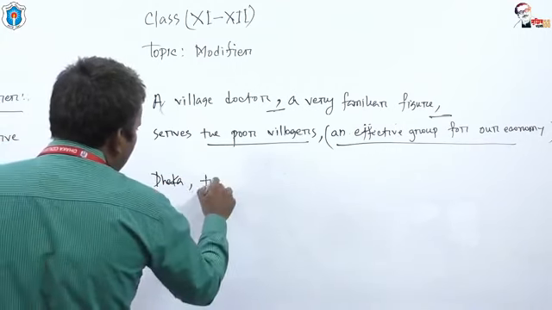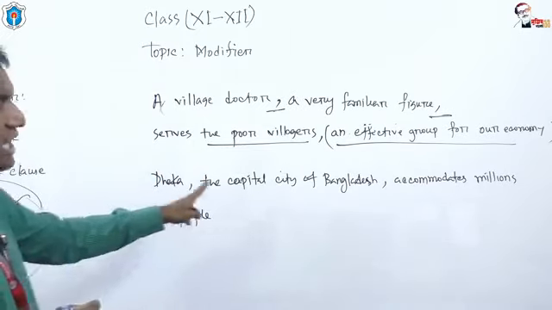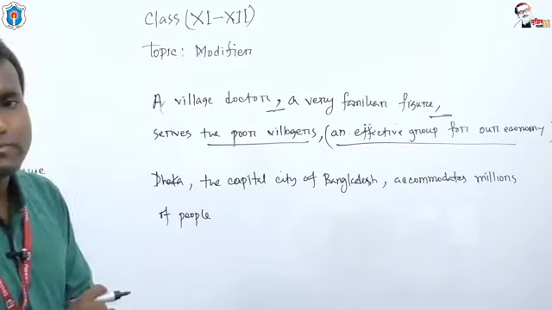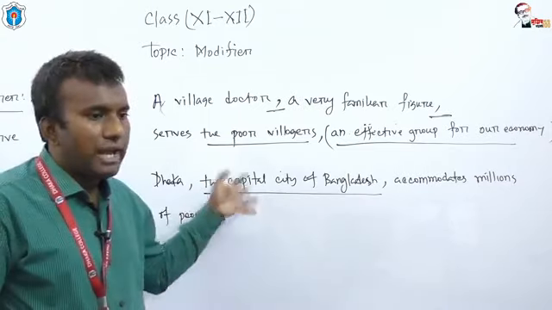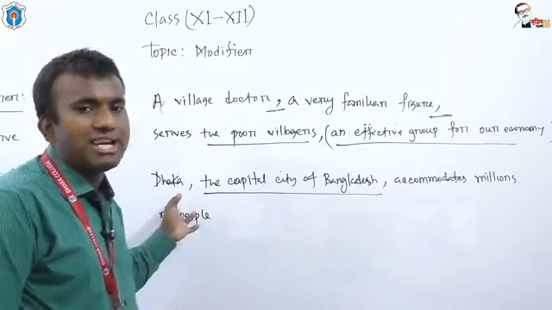Dear students, have you got any appositive in this sentence? Find out. Yes, you will get. The appositive of the sentence is the capital city of Bangladesh. The capital city of Bangladesh is ultimately additional information about Dhaka.